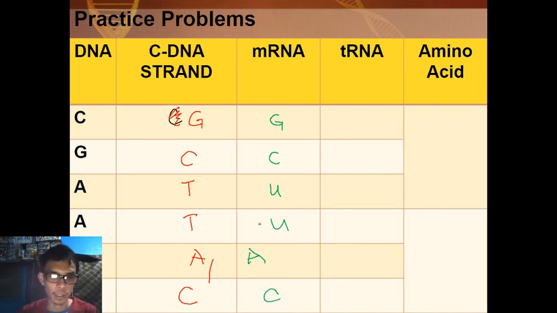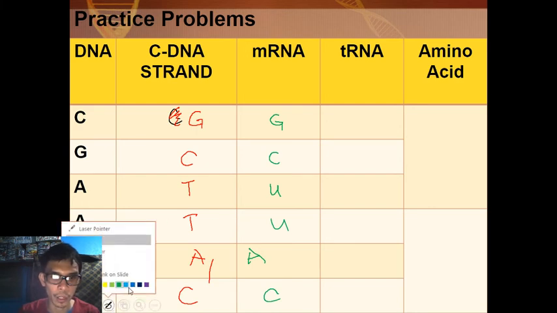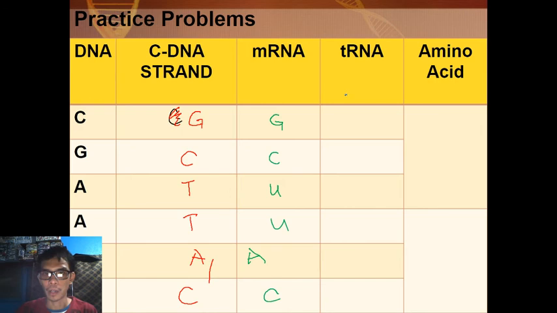So let's use another color again. Let's use blue. Right. So in tRNA, we have C, G, A. We have A over here. We have U. Okay. Then we have G. There you go. So that's your tRNA.